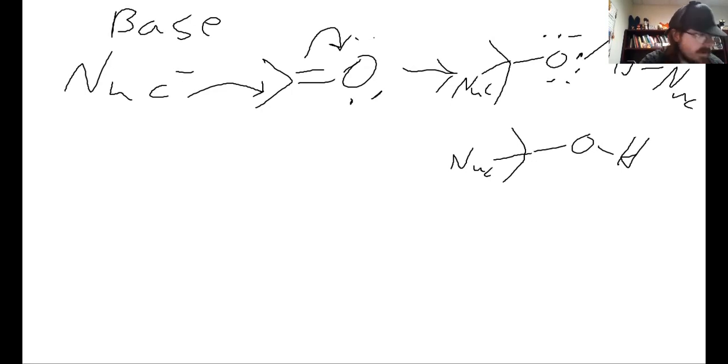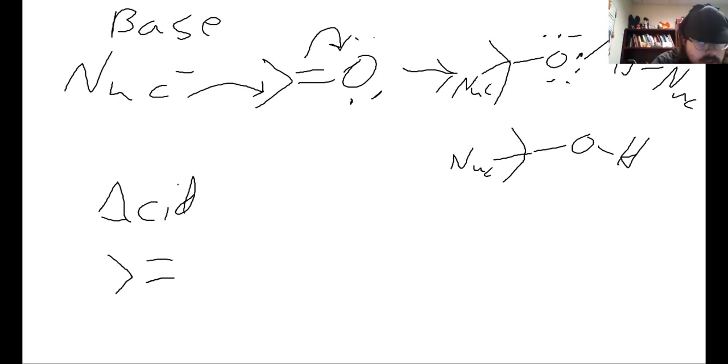Now we can do the same thing in acid. So if we say, for example, we have a particularly weak nucleophile, you could go the opposite way, which we just kind of showed.